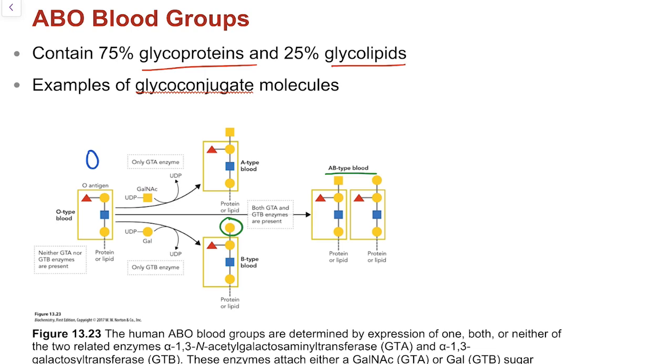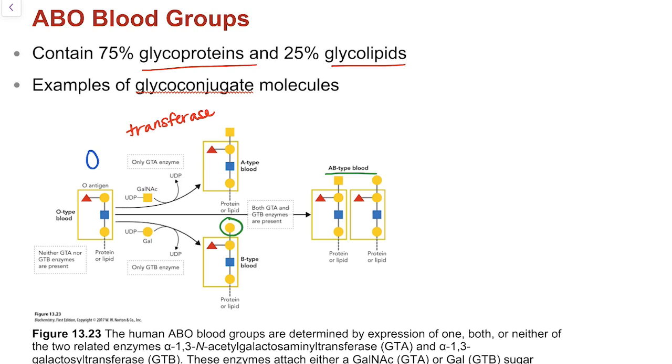And we have 4 oligos that are drawn out for you, and that's going to be the O-type blood. The O-type blood lacks the A or B GT enzyme, so they don't have the GTA enzyme or the GTB enzyme. These GTA and GTB enzymes are, in this case, a type of transferase that are going to transfer a carbohydrate portion onto that O antigen and make a different antigen.